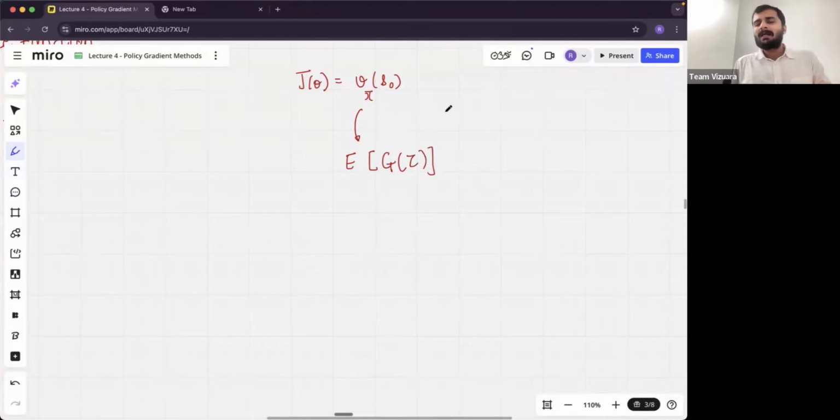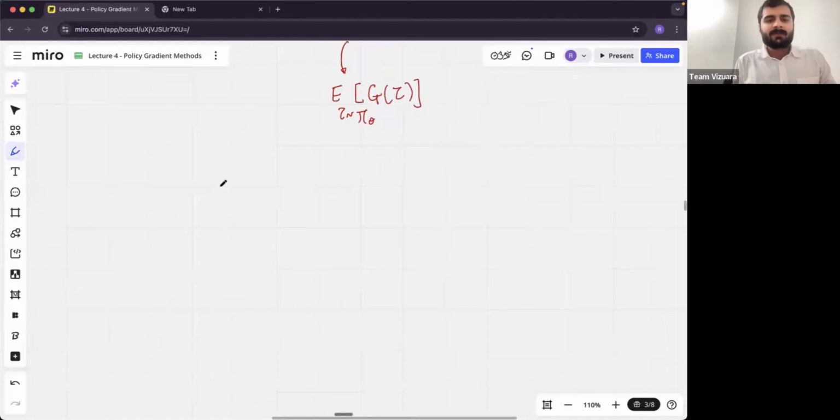Tau is one single trajectory and G is the return. And this expectation we are going to take across all possible trajectories. What this means is that you sample a lot of trajectories, calculate the return G for all these trajectories, and then take an average of all those returns.